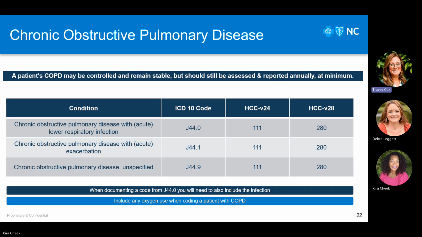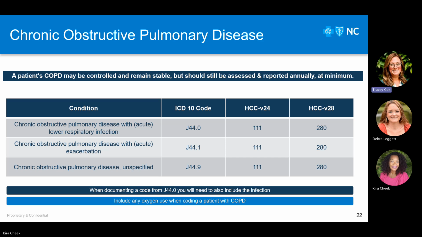Okay, same idea here with regards to documentation and coding. Notice the change from HCC 111 to HCC 280 in the V28 model for these COPD conditions. A patient's COPD can be controlled and remain stable, but it should still be assessed and reported annually at minimum.